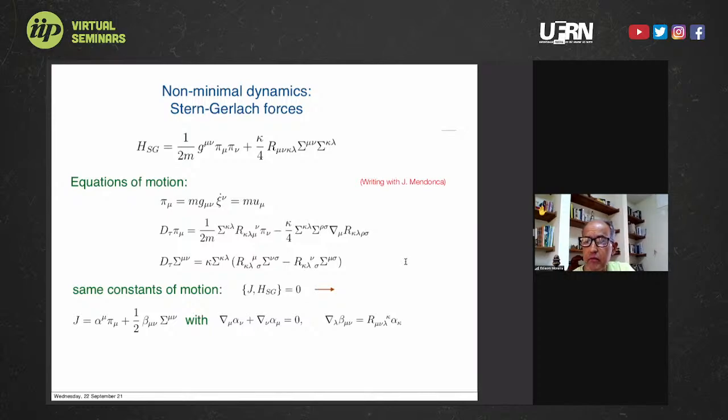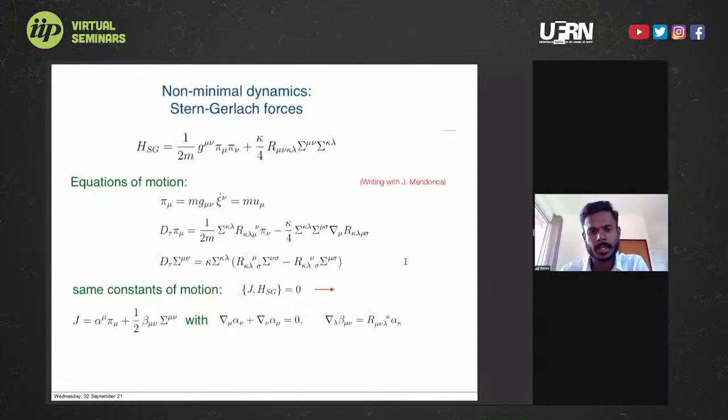When you have a direct coupling with curvature, as I said, we compute these equations of motion by computing this Hamiltonian, any chosen Hamiltonian. This should be conserved for a specific space-time manifold, like shown here. You see this J comma H_SG bracket should be equal to 0.